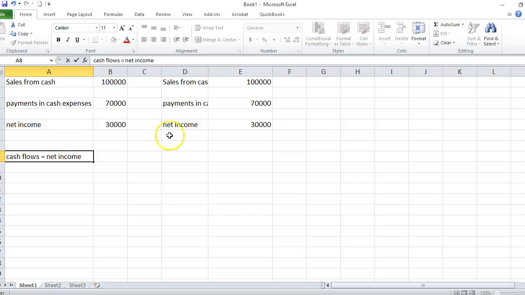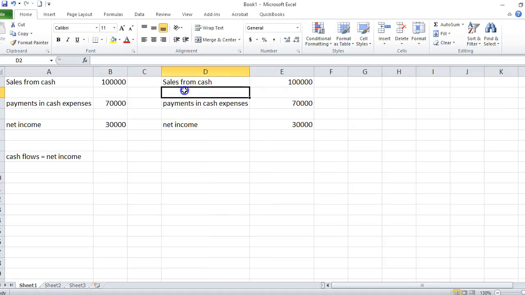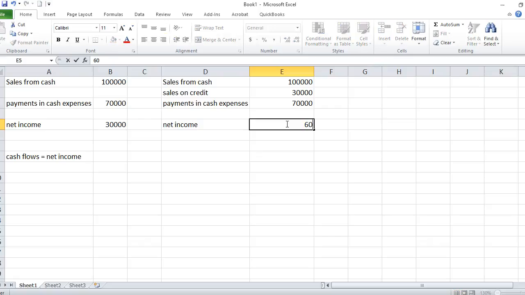Okay? Let's take this and add something. Sales on credit, $30,000. So our net income is really $60,000 here, right? Sales on cash, $100, sales on credit, $30, payments and cash expenses, $70. So our net income really is $60,000, isn't it? Right?